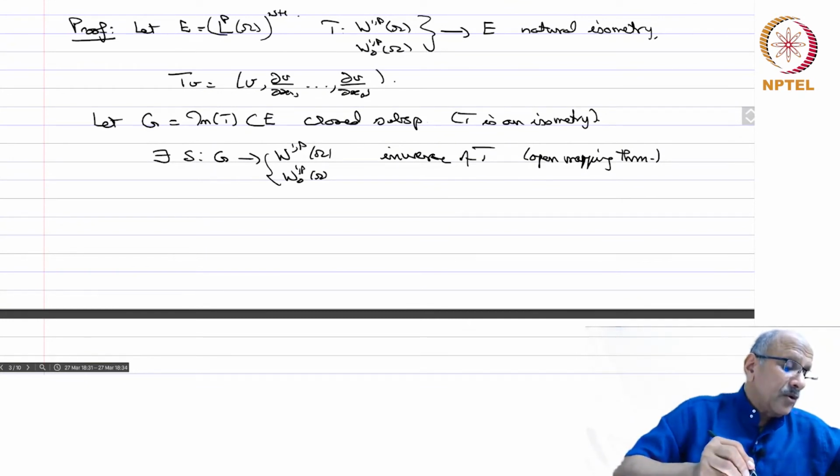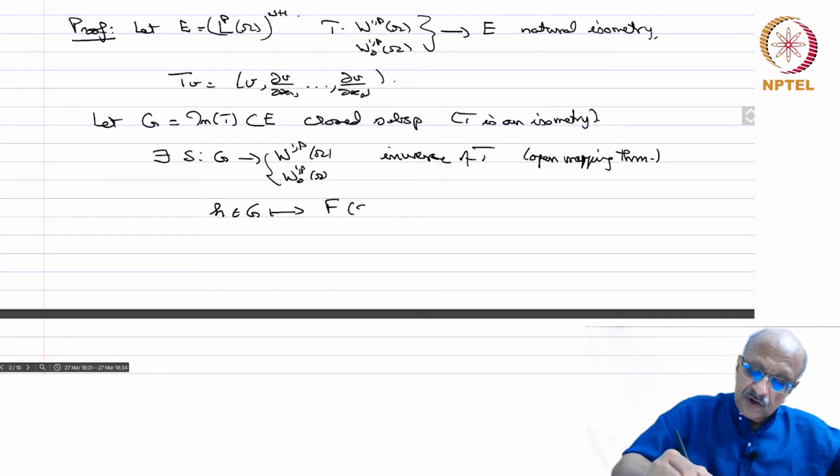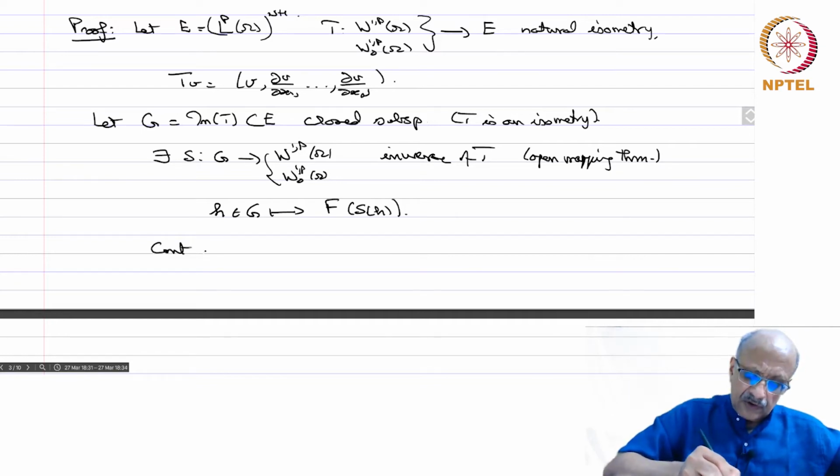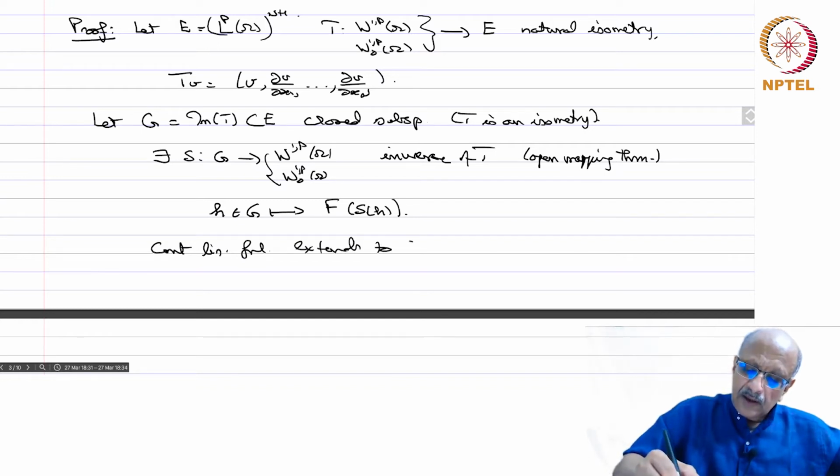So now you define h in G mapping to f of S h. This is a continuous linear functional and extends to E by Hahn-Banach.